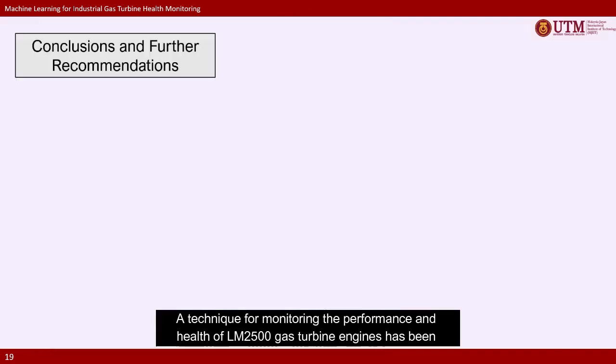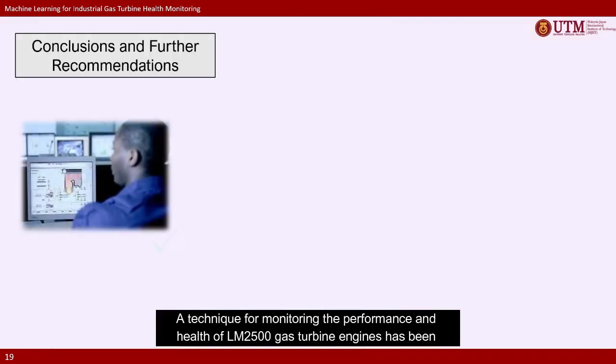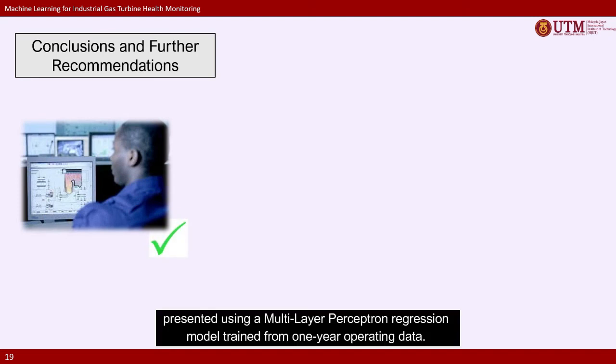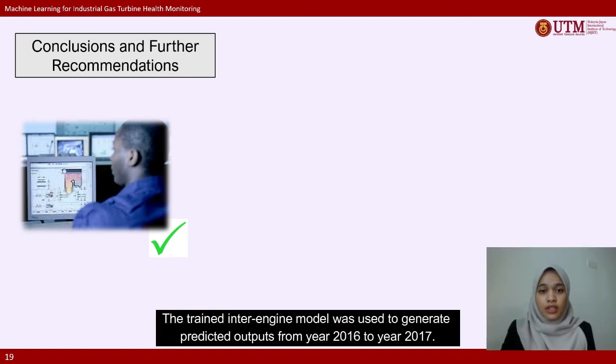A technique for monitoring the performance and health of LM2500 gas turbine engines has been presented using a multi-layer perceptron regression model trained from 1 year operating data. The trained inter-engine model was used to generate predicted outputs from year 2016 to year 2017.